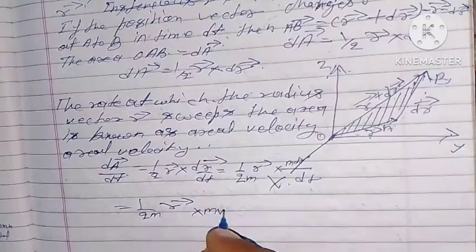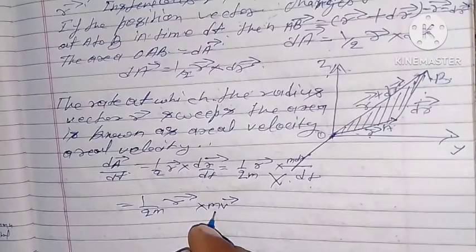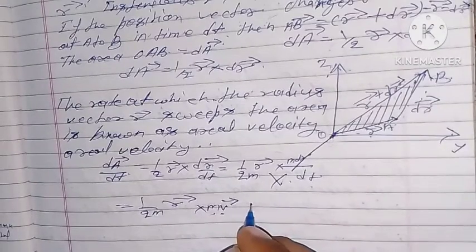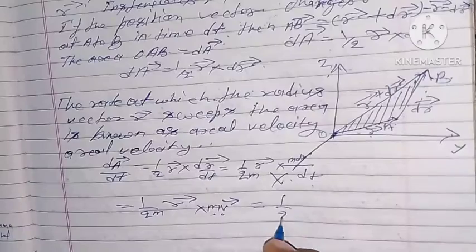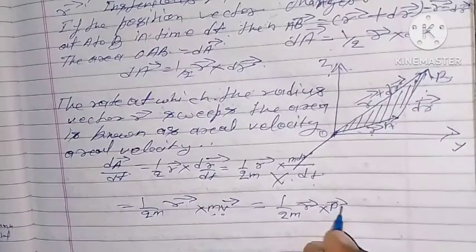Then this value is mv vector. m cannot be vector, only v vector. This is equal to 1 by 2m vector r cross vector p.